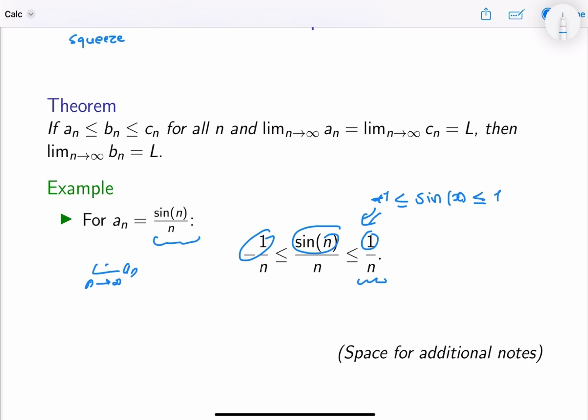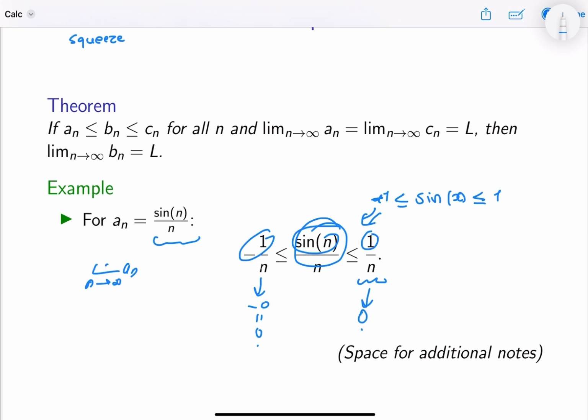This thing, we know it goes to 0, like we proved that the limit of 1 over n is 0, right? And we also proved that the limit respects the arithmetic operations. So the limit of -1 over n is negative the limit of 1 over n. So that goes to -0, which is 0, right? So the limit of this thing is between two things, between 0 and 0, so it must be 0.